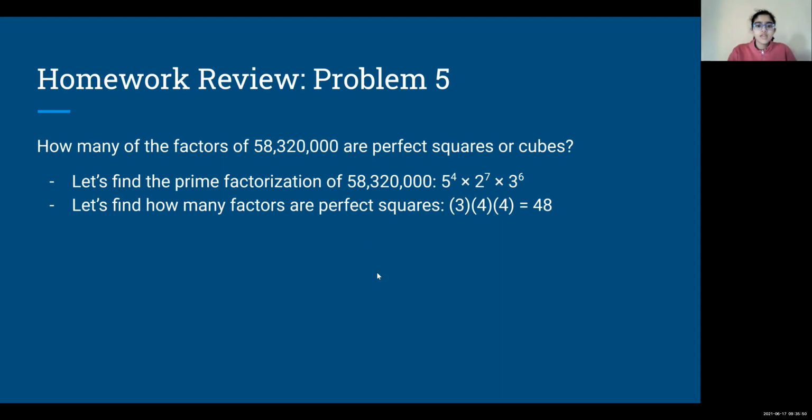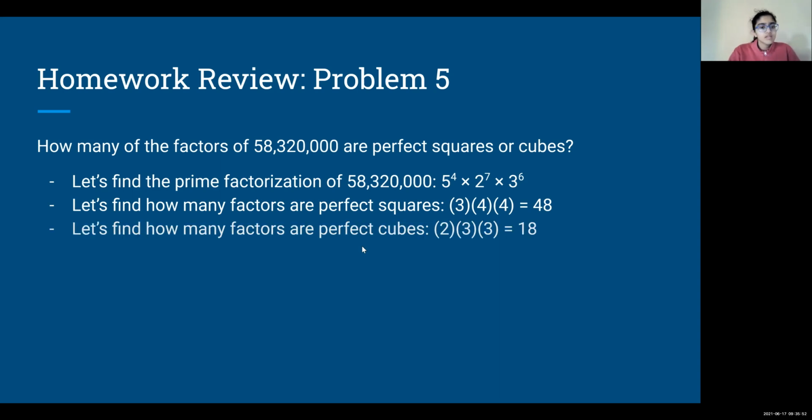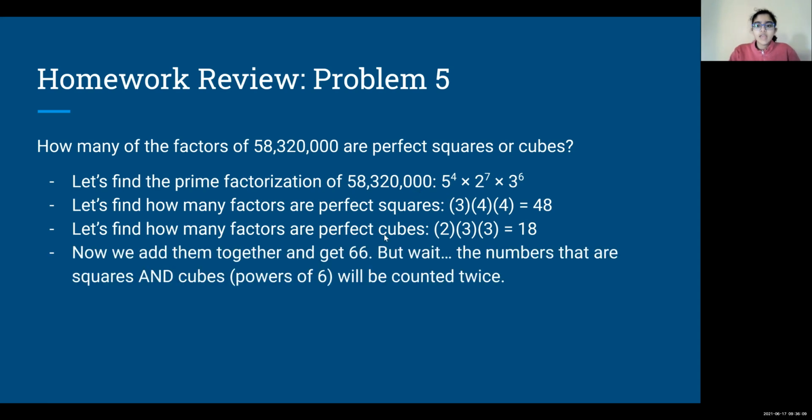So we multiply 3 times 4 times 4 to get 48 factors that are perfect squares. And then we have to find out how many factors are perfect cubes. So we find how many 3's go into each of the exponents, including the power of 0. So we have 2, 3, and 3. That multiplies out to become 18.